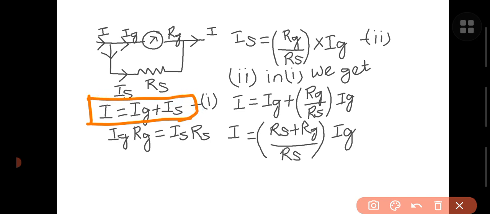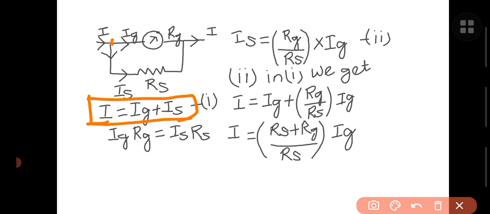Now using the formula, that is Kirchhoff's current law, at this junction, incoming current is I on the left hand side. Outgoing currents are Is and Ig. So incoming current is equal to outgoing current at this junction.